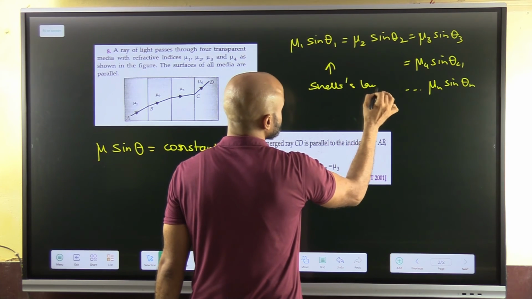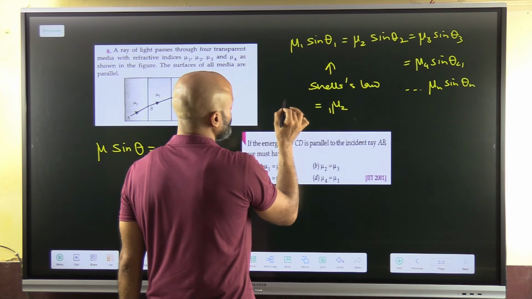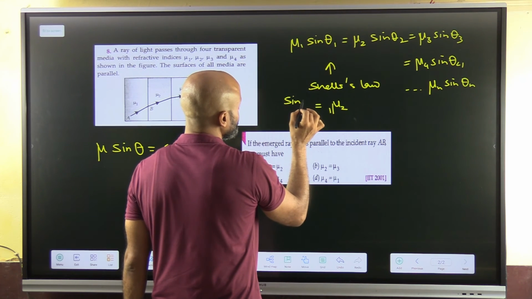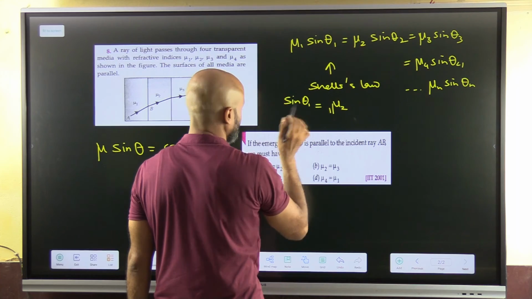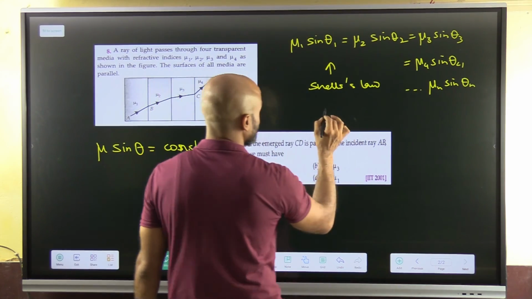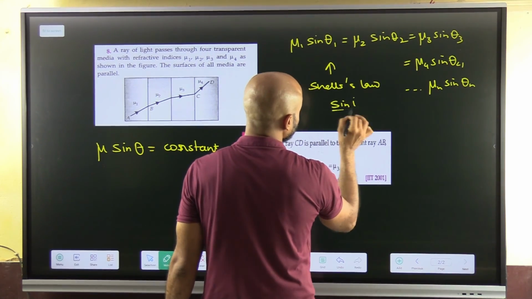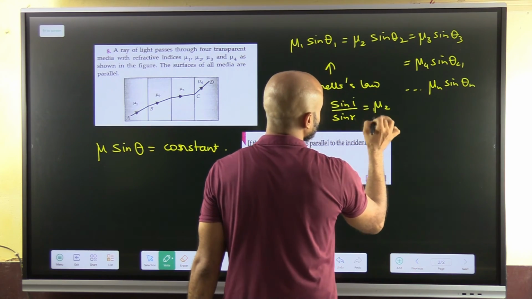We know by Snell's law, sine i by sine r is equal to the refractive index of medium 2 with respect to medium 1.